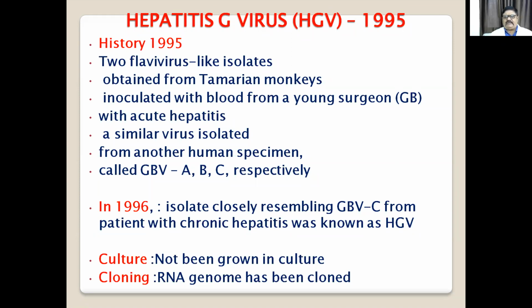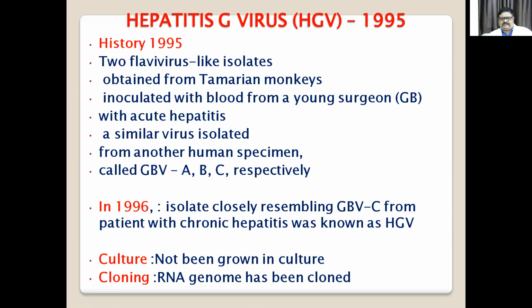The surgeon had acute hepatitis, and they isolated the virus in a monkey. A similar virus was isolated from other human specimens, called GBV-A, B, and C respectively.